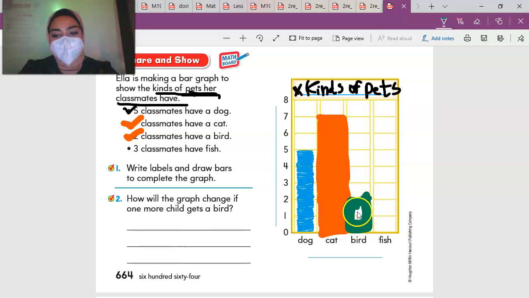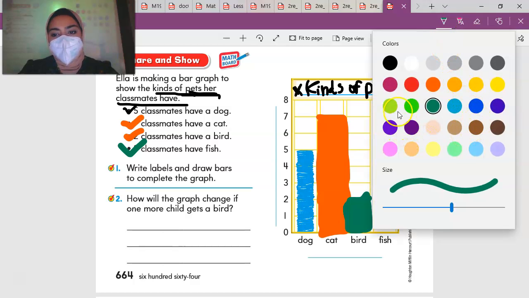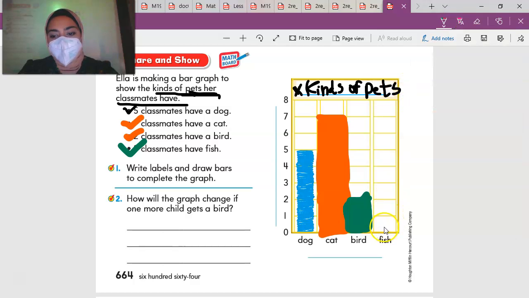All right, now if I look at fish, it says 3 classmates have fish. Very good. So I'm going to color in 3. Very good. 1, 2, 3. And it's going to look like this.